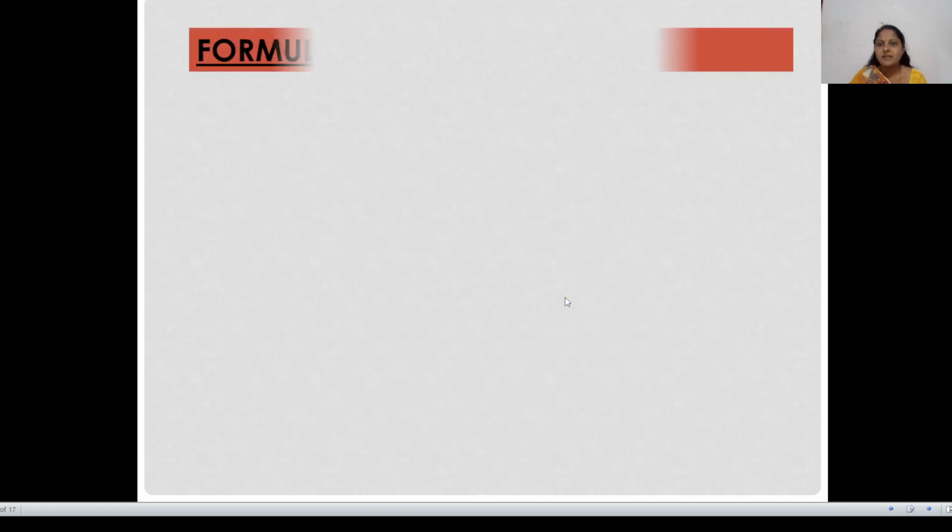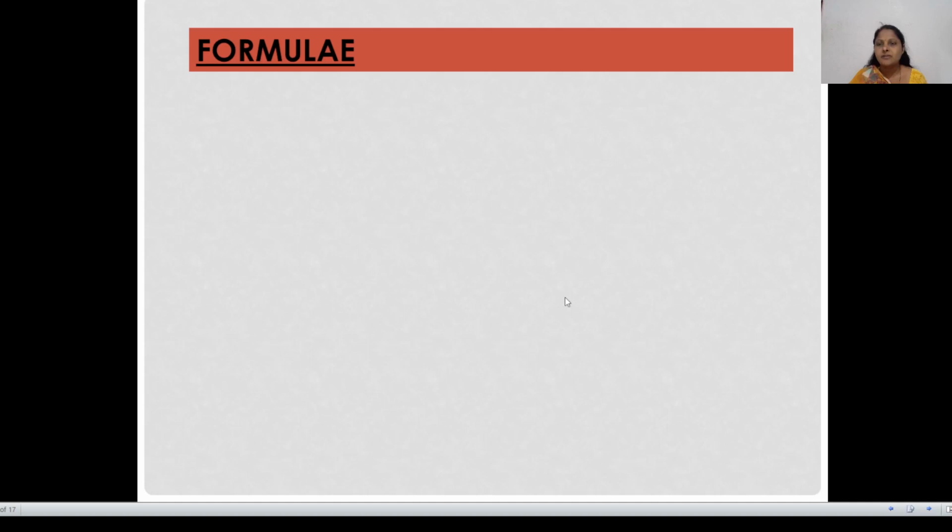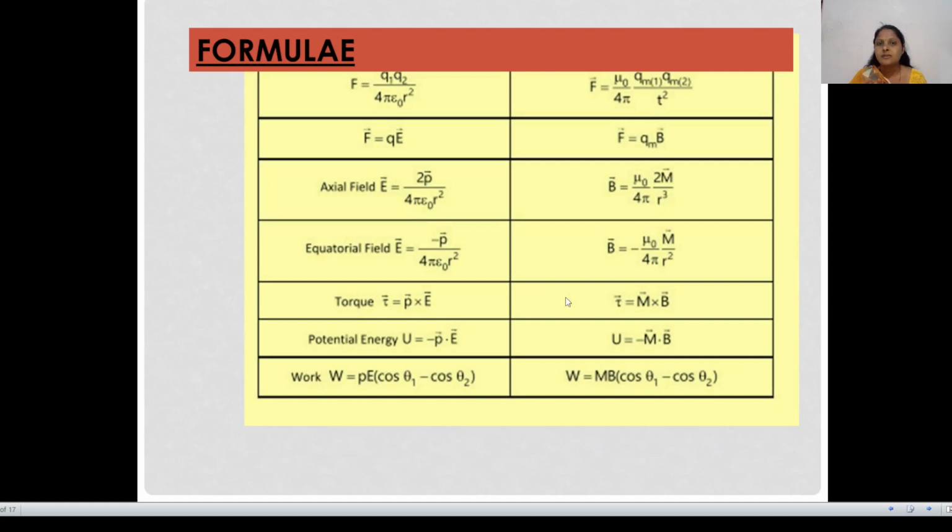Okay, now this chapter has lots of formulae, and some related formulae are given here. Look here, the electric force is given by F is equal to q1 q2 by 4 pi epsilon r square.